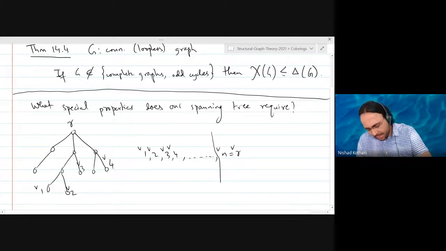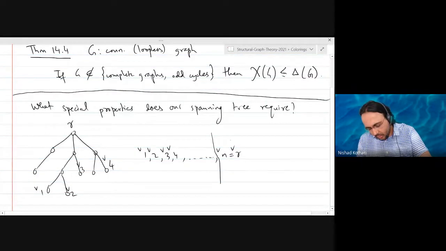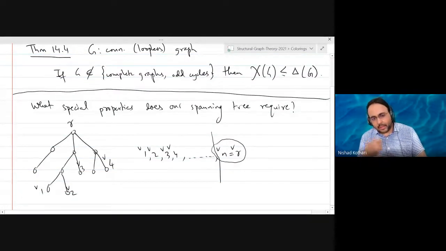It is only this last vertex where all the neighbors could have been colored differently and it has exactly delta neighbors. When that happens, you have to use the extra color, delta plus 1. But until Vn, such a situation would not arise, because every vertex would have some neighbor which is not colored, which would be a neighbor in the spanning tree.